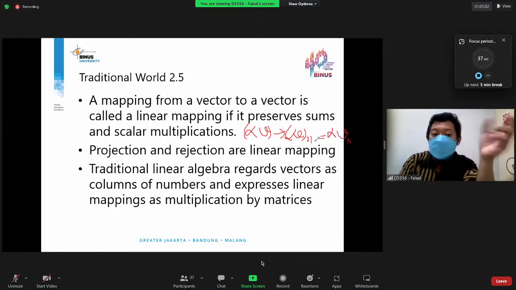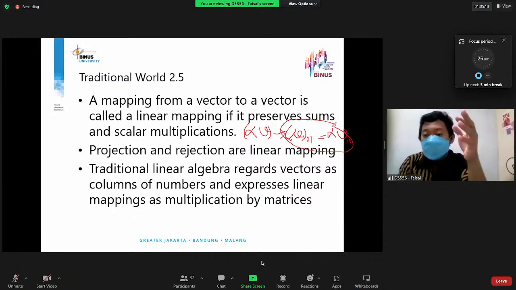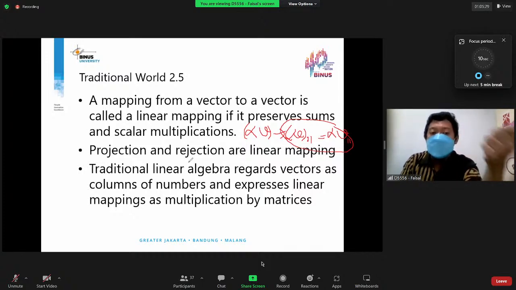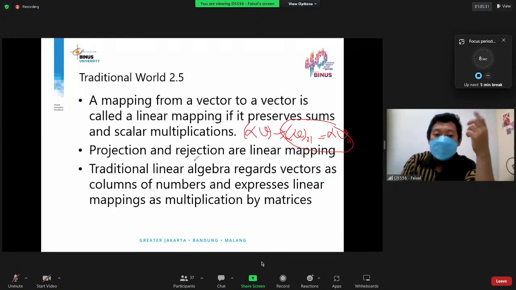So this means it preserves scalar multiplication. If this equation is true for all scalars alpha and all vectors, then we say the mapping, or the projection, preserves sum and scalar multiplication. Or we simply say that the projection is a linear mapping, and the rejection is also a linear mapping.